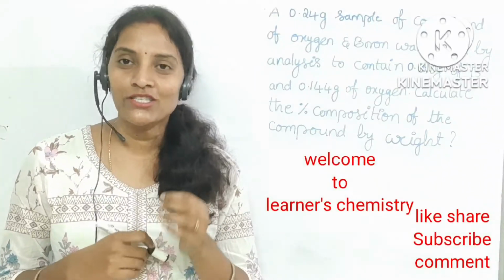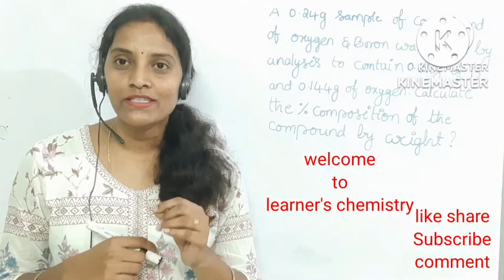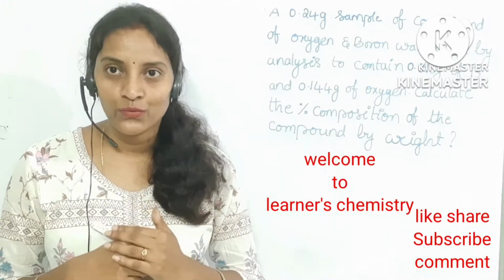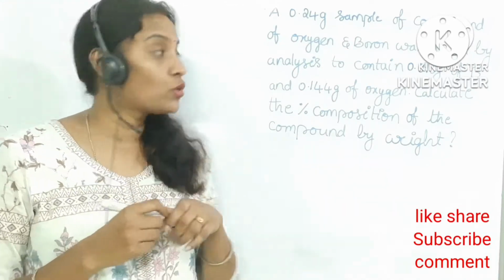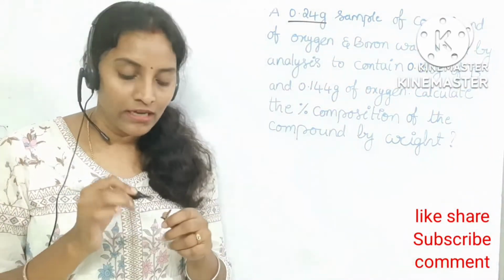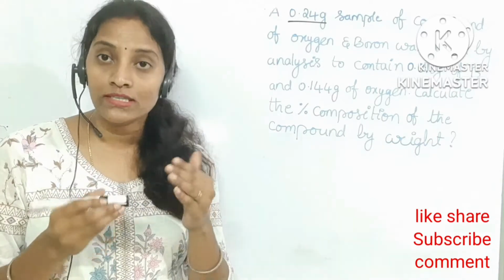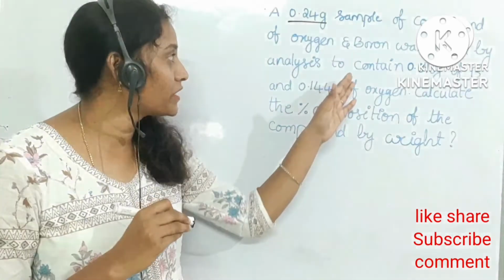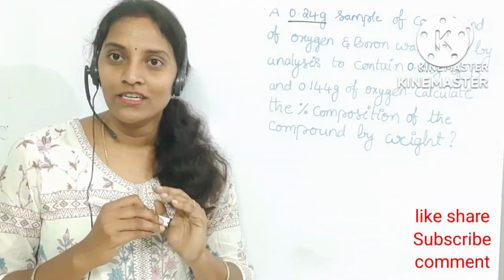Here the problem is you have to calculate the percentage composition of a compound by its weight. The compound's total weight is 0.24 grams. That given compound sample contains 2 elements, oxygen and boron.